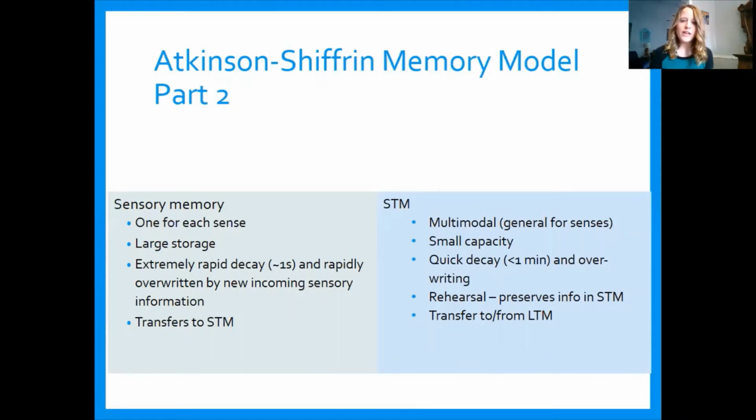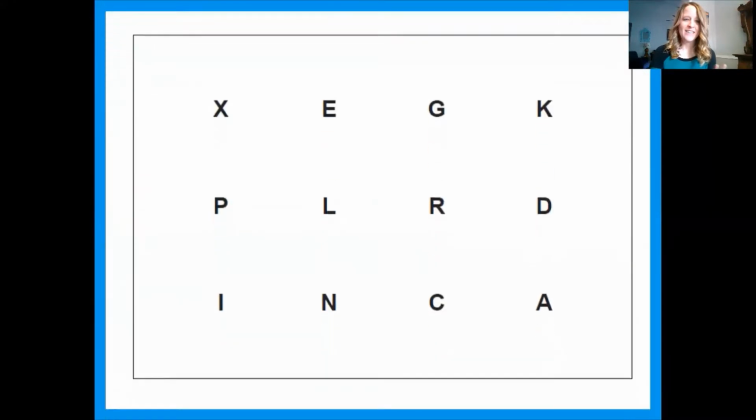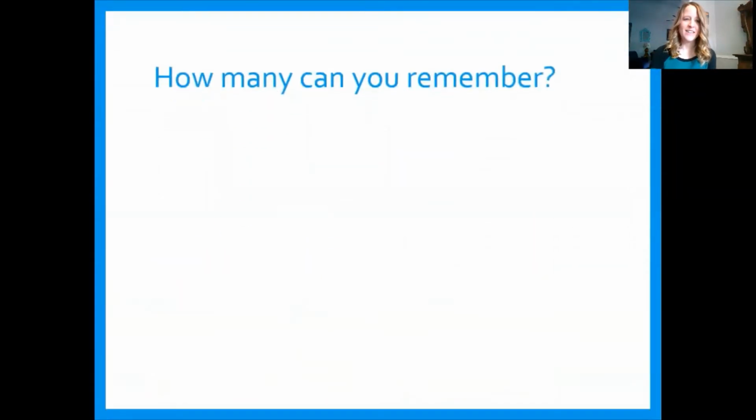So let's try a sensory memory test. I'll show you the next slide for only about 1 or 2 seconds, and you try to process and remember as many letters as you can. Okay, so ready? All right, so now think of how many you can remember.